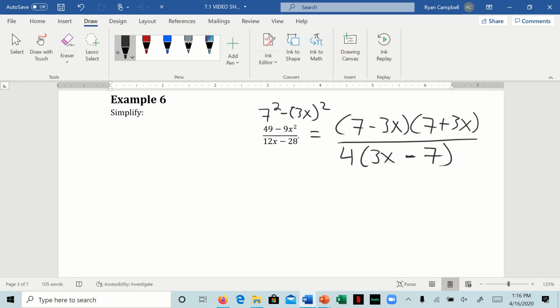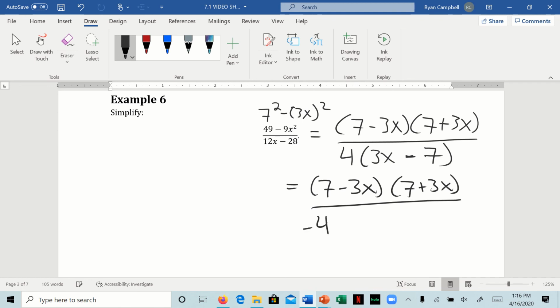So again, we can see that the top is almost like the bottom, right? So if we want to just take out a negative, we can take out a negative from that bottom instead. So we take out a negative 4, we see that's going to be negative 3x plus 7.